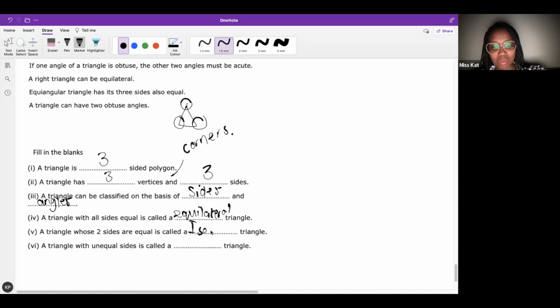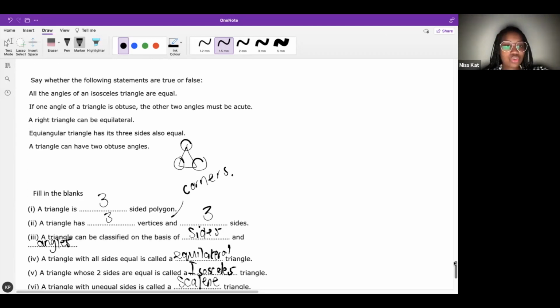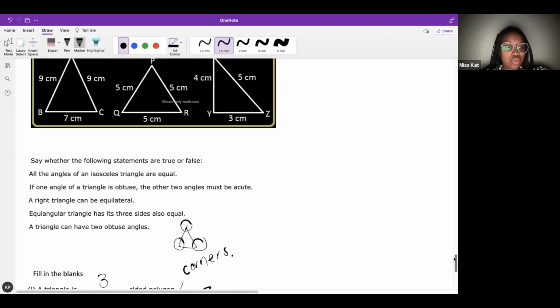Now let's hope I spell it right. Isosceles. A triangle with unequal sides is called a scalene triangle. Nice, guys. We're doing well. We still have a lot of minutes to go, so we might as well do our true or false.